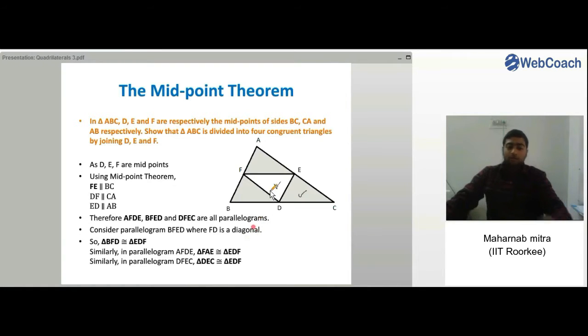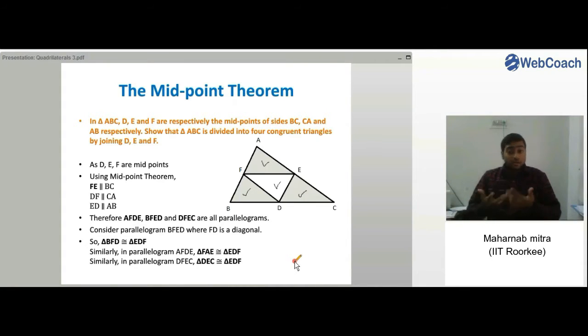So the center triangle, which is shown in white, is congruent to all the three triangles, right? And if a single triangle is congruent to all the other triangles, obviously all the triangles must be congruent to each other as well, right?